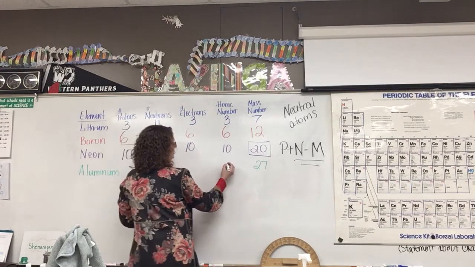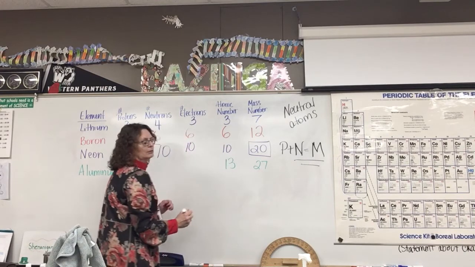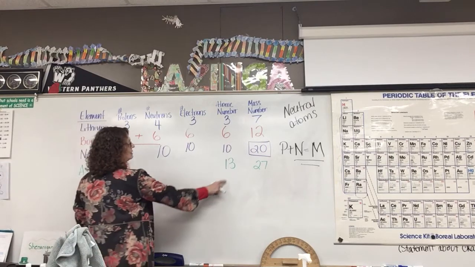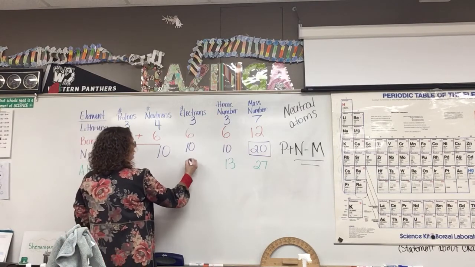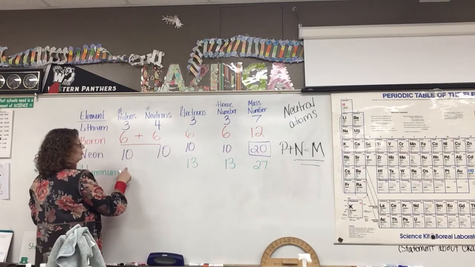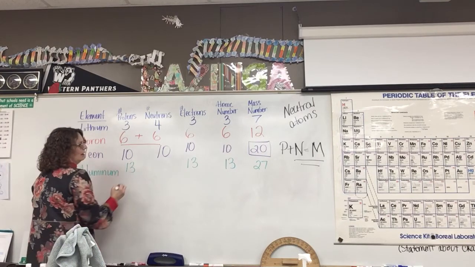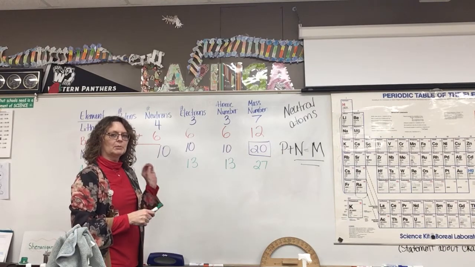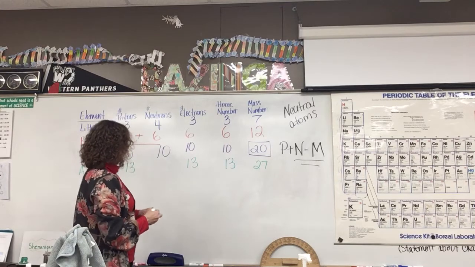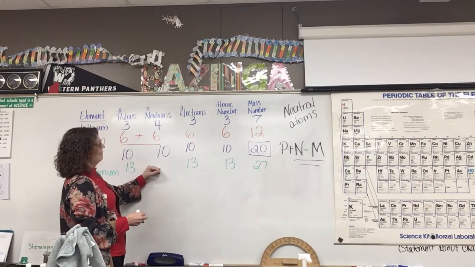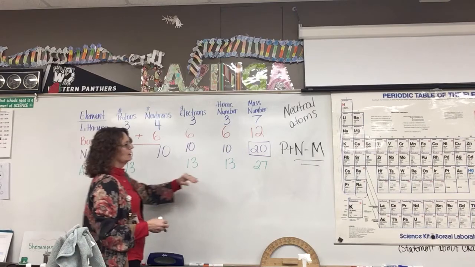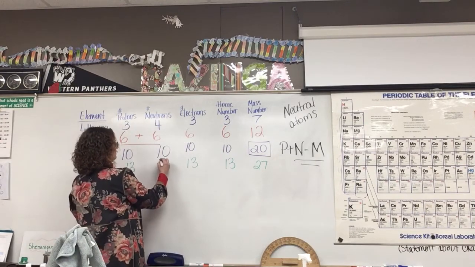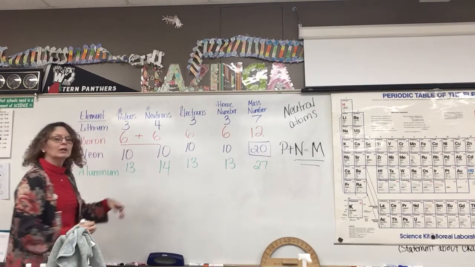I found that on the periodic table in the upper right-hand corner. So that identifies the atomic number, and tells me the number of electrons and the number of protons in a neutral atom. Same number of protons and electrons in a neutral atom. And then I just need to find out how many neutrons. Well, what do I add to 13 to get 27? So 27 minus 13 equals 14. And now I have aluminum done.